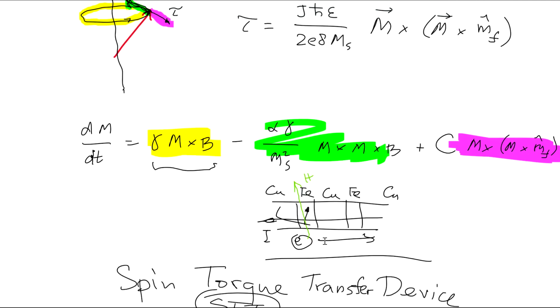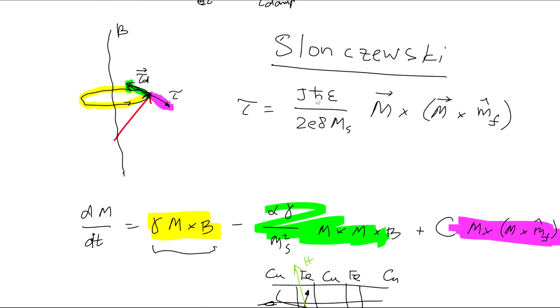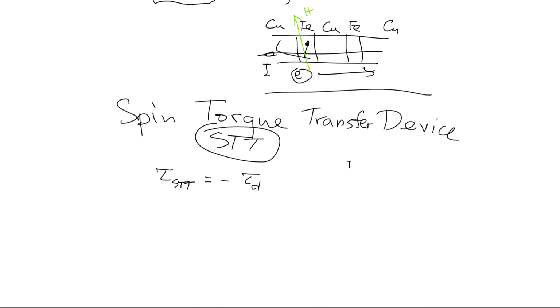if you look here, by the way, this J is the current density. Let me use small j for that, so it won't be the same as an exchange constant. So j is a current density. So the higher the current density, the more torque we apply.